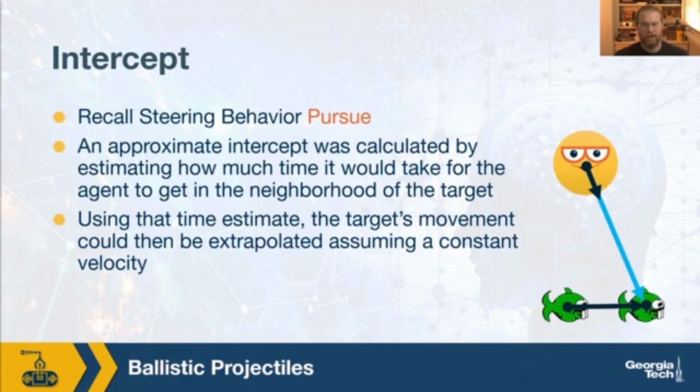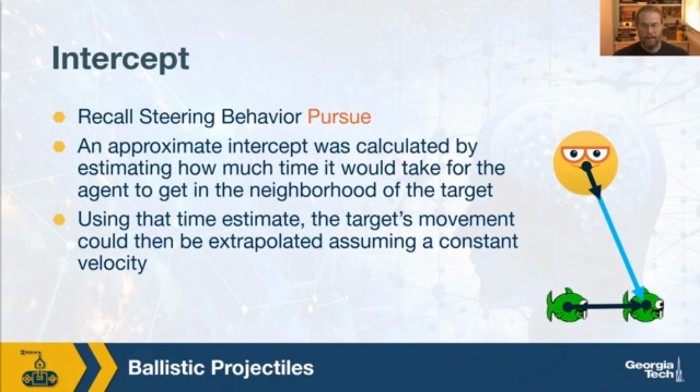We would assume full speed ahead, the maximum speed the agent can go, for the whole trip. So this doesn't take into account that the target might be heading away from us or towards us. We're just coming up with an approximate approach. So the length of that relative position vector, the magnitude, divided by the speed will give us t.